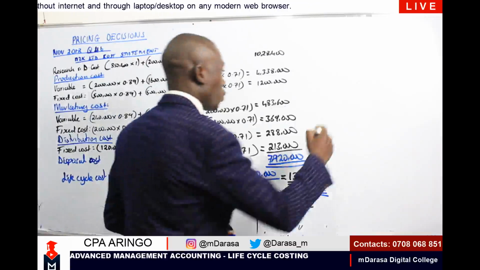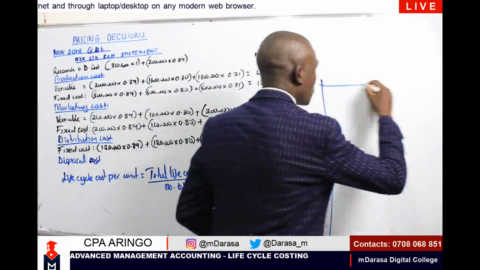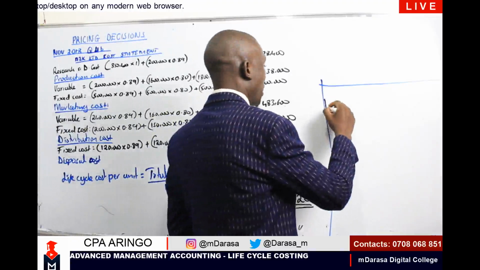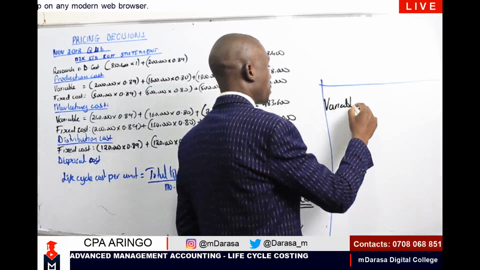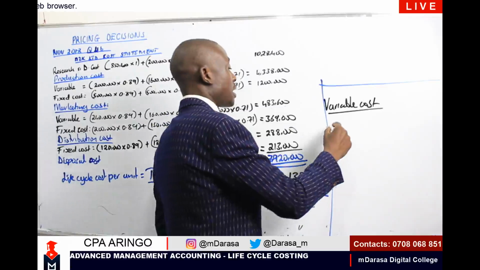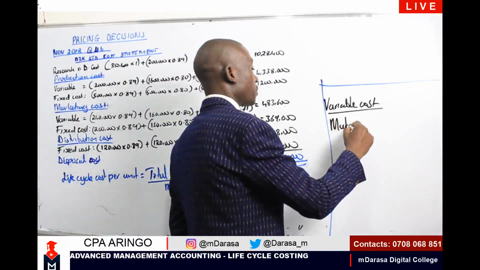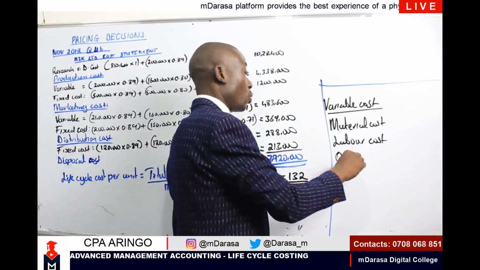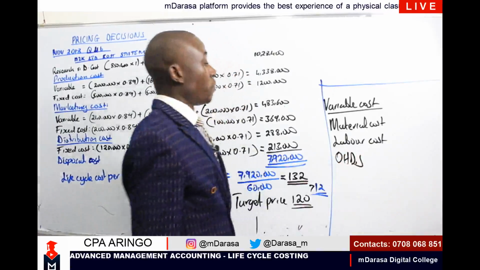Say, for example, variable costs, right? We clearly know that variable cost encompasses material cost, labor cost, and our overheads, the OHDs.